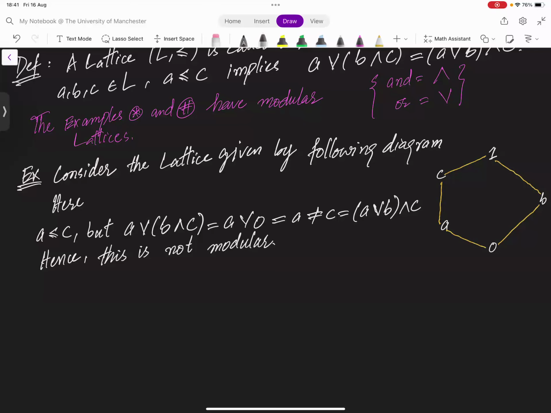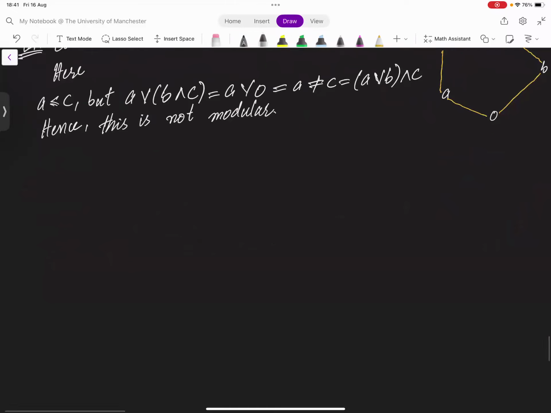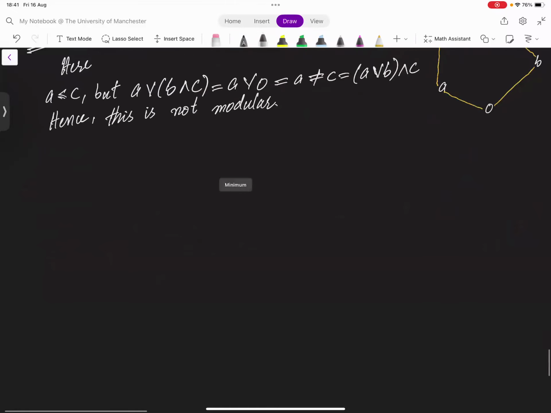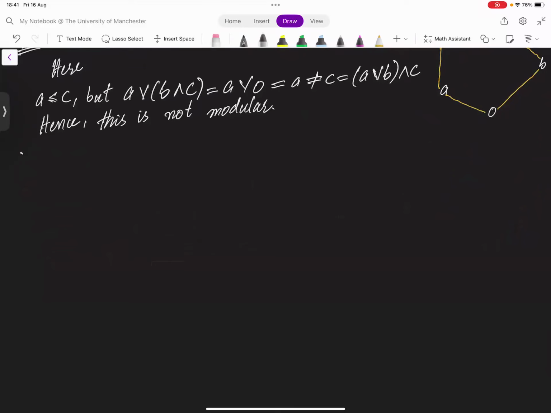Now we will define the distributive lattice. We have defined the modular one. Now we will define a distributive lattice. Definition.